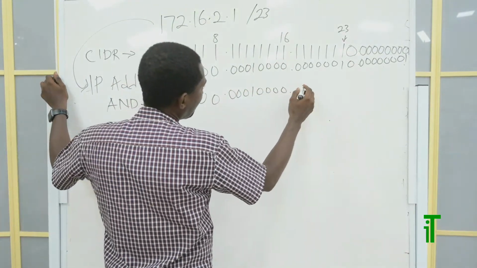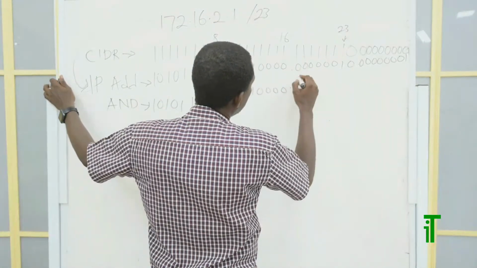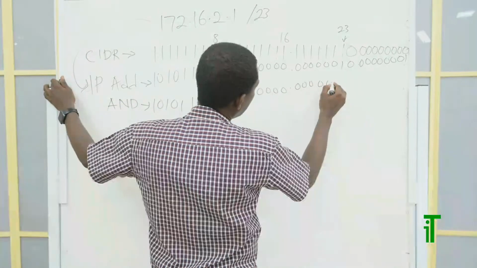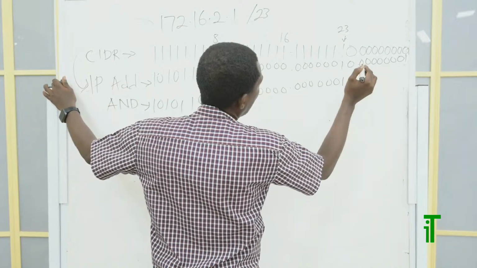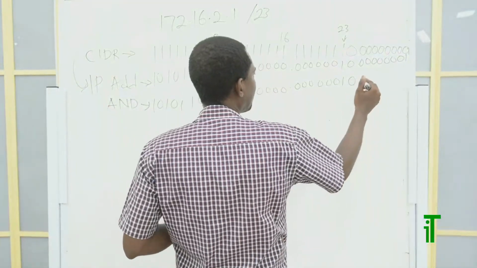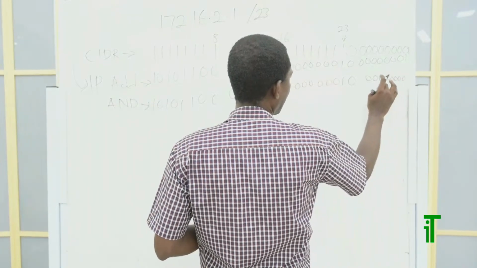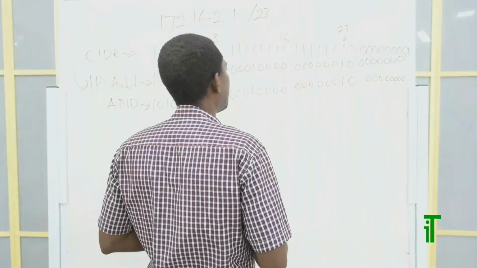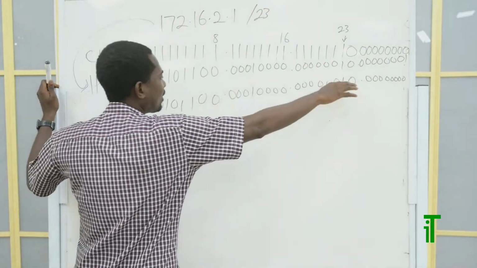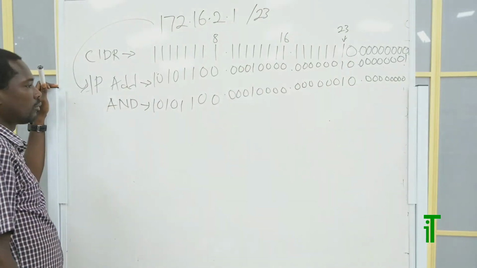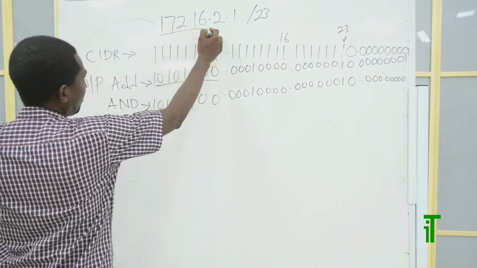Wherever there are ones, they will repeat the same thing, and the host bits become zeros. Okay, so we are going to convert this into decimal, and because it's the same, the value will not change.